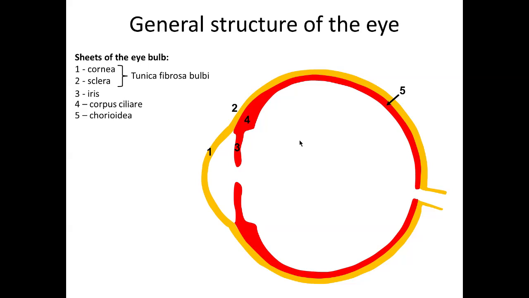This pigment inside of tunica uvealis makes the space inside of the eyeball dark, all the internal surface is dark.